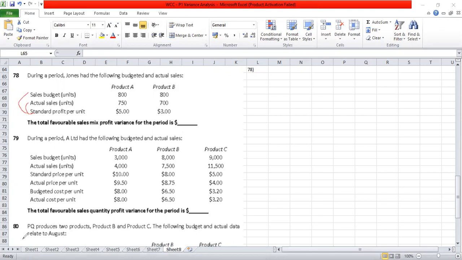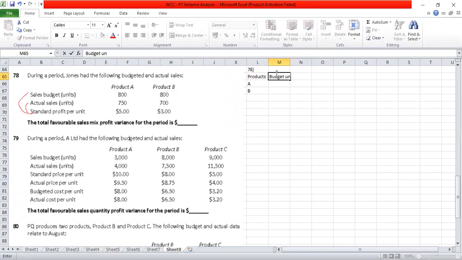So there are two products, product A, product B. Let's mention the standard quantity, standard units or budgeted units.